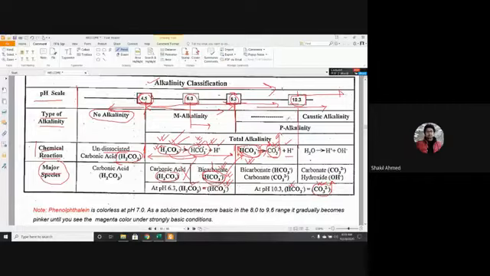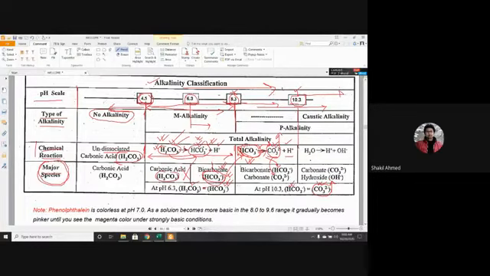So in this range from 8.3 to 10.3, you mainly get bicarbonate ion and carbonate ion. These are the major species that you will get. Minor species, there might be a little bit of them, but we are not concerned about it. We are concerned about the major species, those species at the highest concentration.